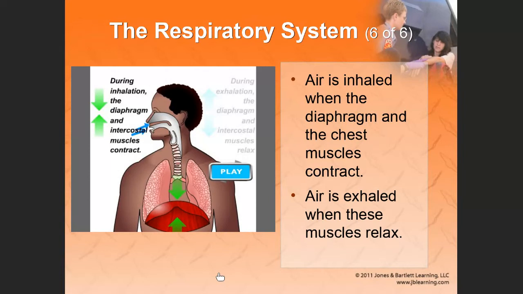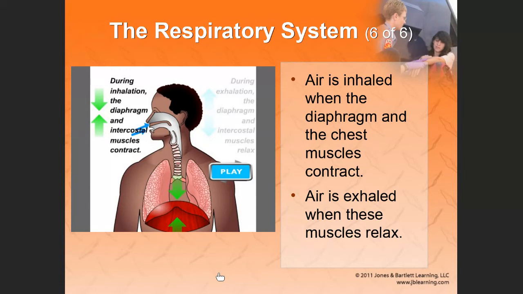Okay, all right. So when a patient inhales, the diaphragm and the chest muscles contract, right? This is the active phase of breathing. When the diaphragm and chest muscles contract, it increases the size of the chest, and the pressure inside of the chest decreases.